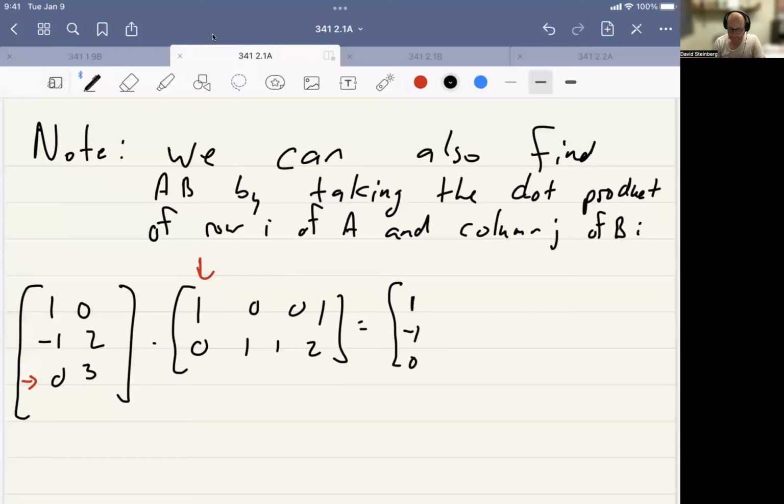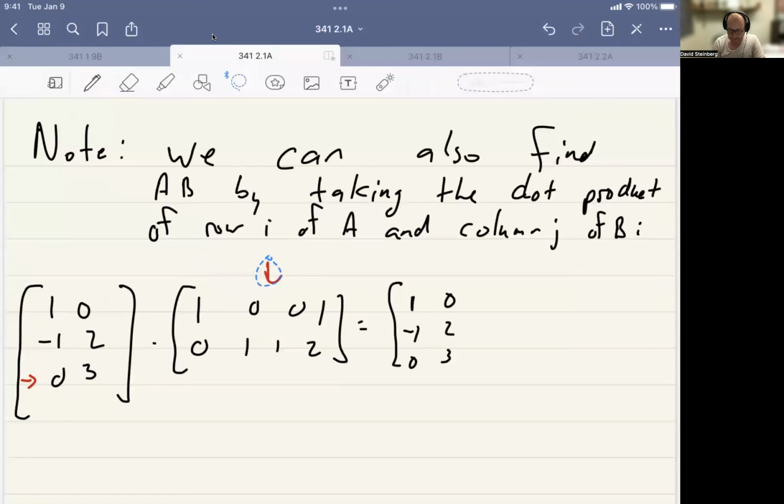And then we move this arrow over, move this one back up. Now we've got 1 times 0 plus 0 times 1, that's another 0. Move this down. This is literally what I think of every time I need to multiply two matrices. -1 times 0, 2 times 1 is 2. The little arrows moving around. 0 times 0, 3 times 1 is 3.